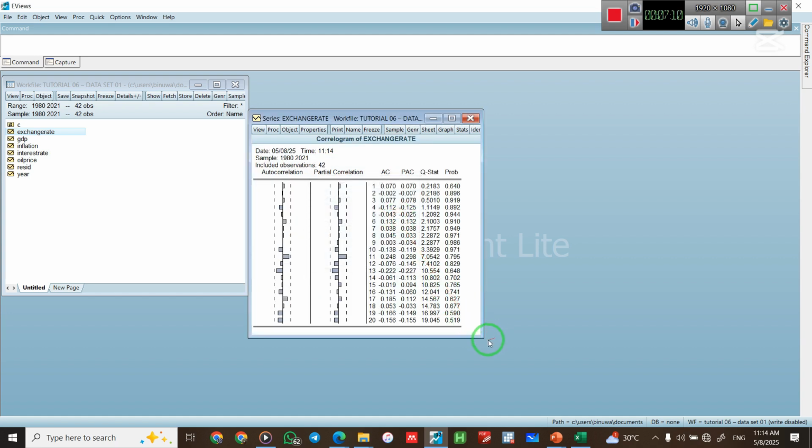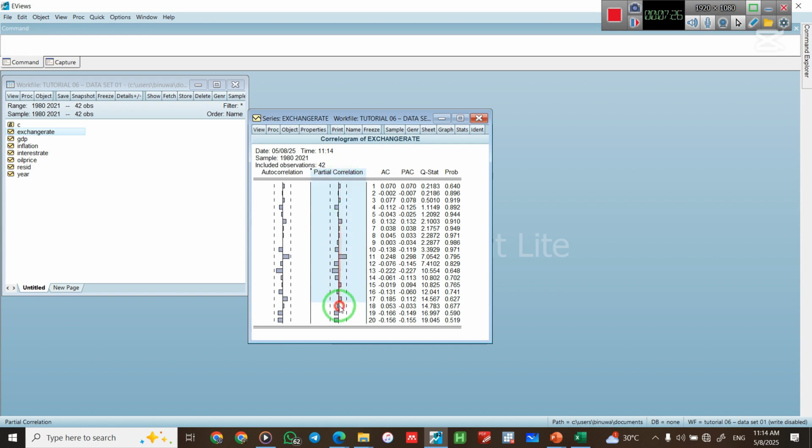So here we have the autocorrelation and the partial correlation function. Based on the partial correlation, we are identifying the number of AR terms, right? And based on the autocorrelation, we are identifying the number of MA terms, right?